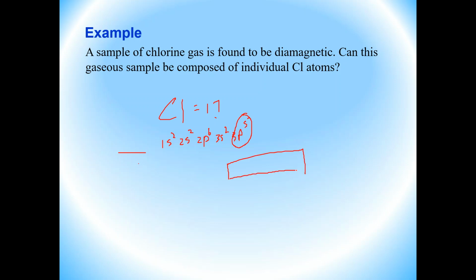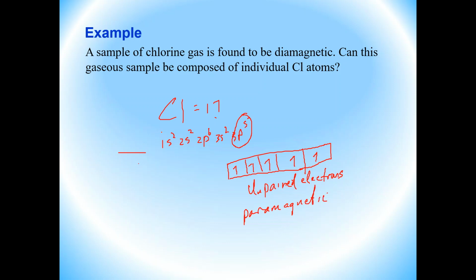Now, within the 3p sublevel, you have 3 p orbitals, and this is how the electrons will be distributed among them. 1, 2, 3, 4, 5, right? So what that tells us is that because we have unpaired electrons here, this tells us that the chlorine atom is paramagnetic.